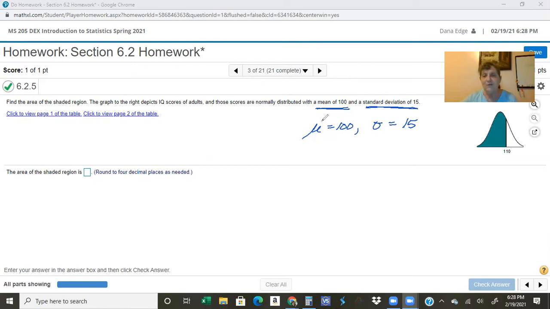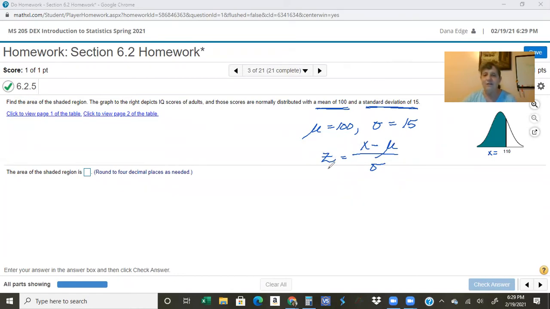To do this with a table, we have to convert this to a z-score, and you convert it to a z-score by taking your given x value, in this case 110, this is x, getting the distance from x to the mean, and dividing by the standard deviation to determine how many standard deviations this distance would qualify as, and that's our z-value.